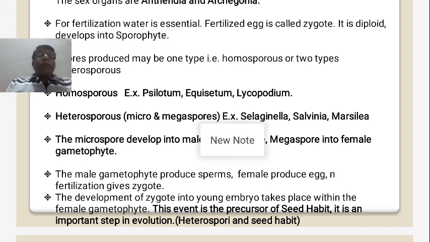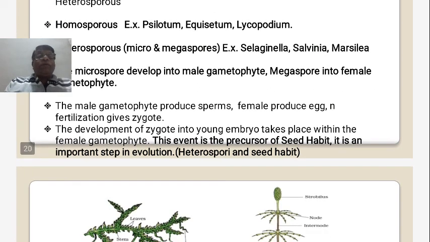Microspores germinate into male gametophyte. The megaspore germinates into female gametophyte.